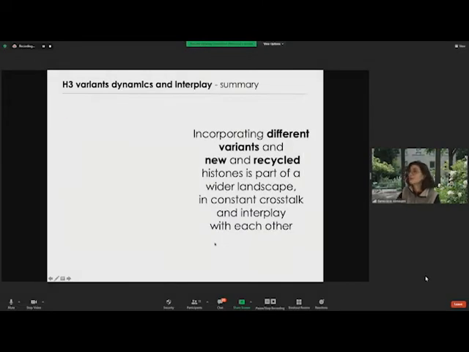And so I'd like to stop just to stress that incorporating different variants, new and recycled histones, is part of a wider landscape. You've seen all other aspects of the chromatin organization in the nucleus, and they are all in a constant crosstalk and interplay with each other.